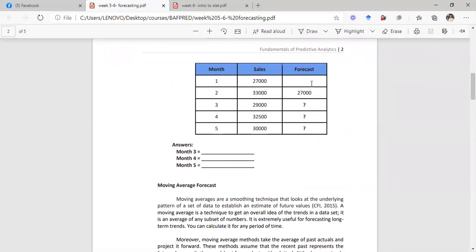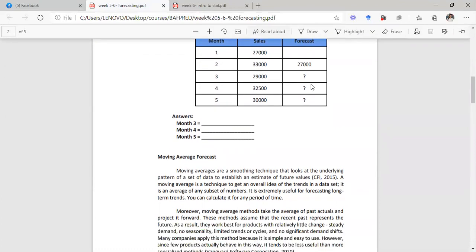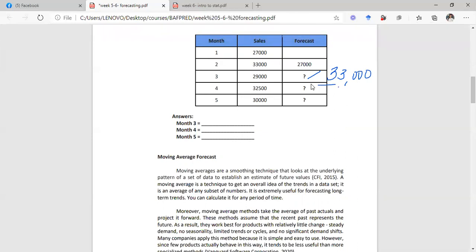This one is 33,000. For the fourth month, we have 29,000.